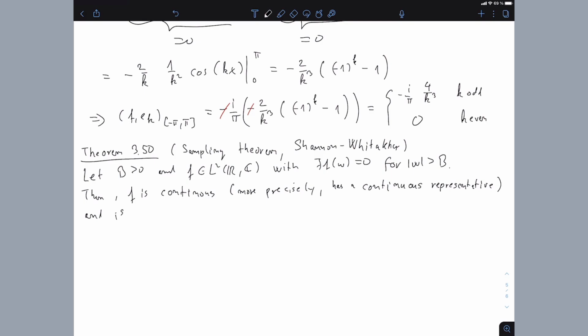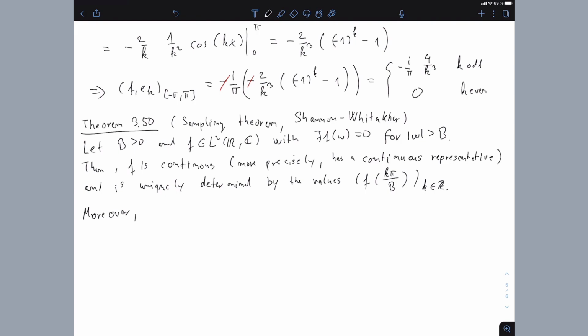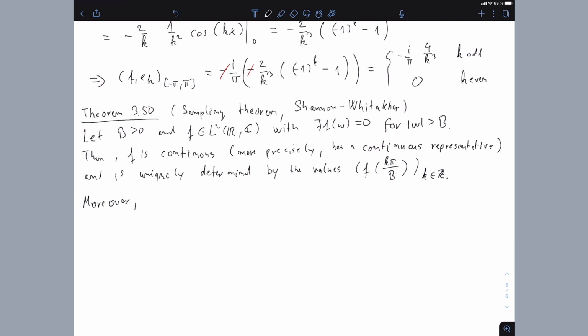And it is uniquely determined by countably many values, f of k times pi divided by b, k in Z. And moreover, not only do we know that we only need these countably many values, we also know how exactly we can evaluate f.